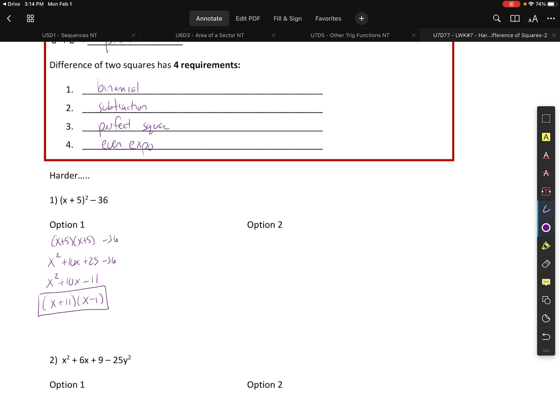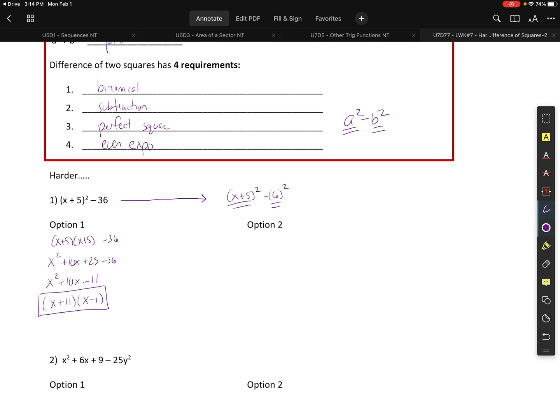So we have to treat this exactly the way we see it sometimes. So for my option 2, I think about this as, this is actually x plus 5 squared minus 6 squared, which goes with our form a squared minus b squared. Something squared minus something squared. Here we have x plus 5 as the something squared, and 6 as the something squared.